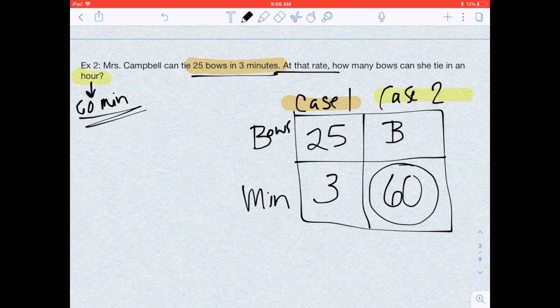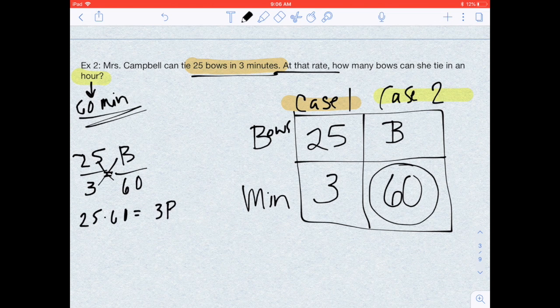All right, next thing I do is make some cool looking fractions. And I go ahead and cross multiply. So 25 times 60 equals 3b.